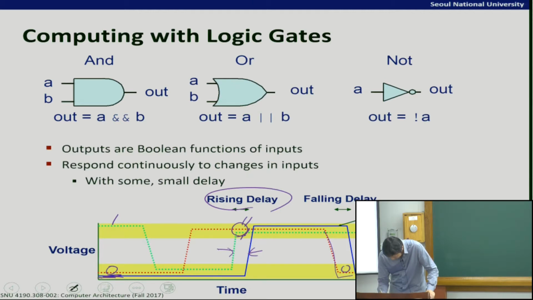Now the values are 0 and 1, so the output should be 0, again after a little bit of delay. This is called falling delay. The output becomes 0 again, right? That's basically how this circuit works. This is combinational logic because the output responds continuously. There's no state, so the output is a pure function of the input.